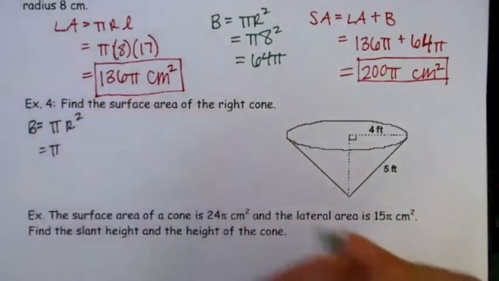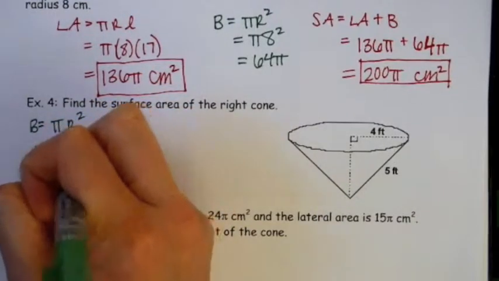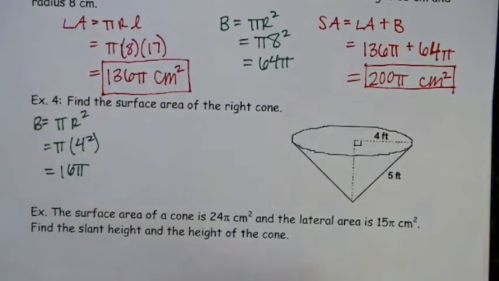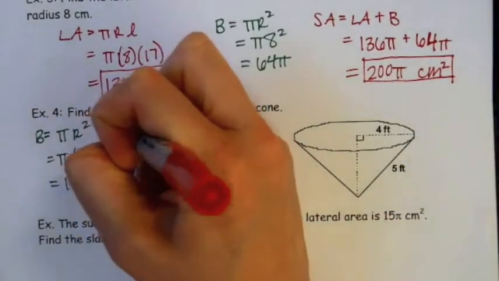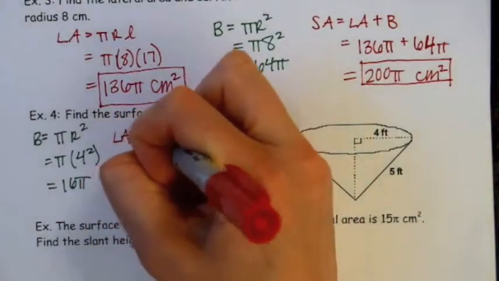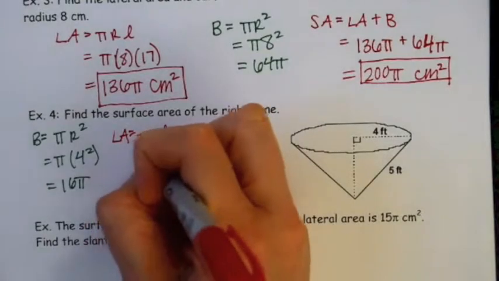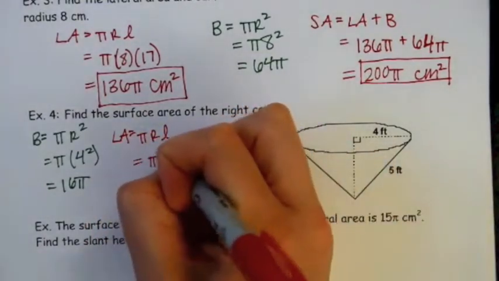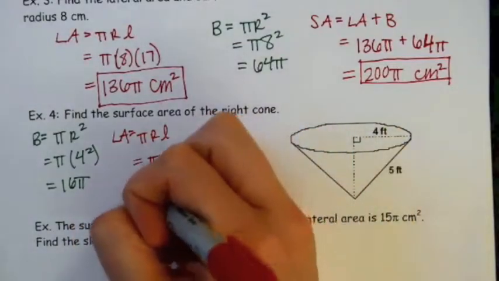That's pi times 4 squared, which is 16 pi. Okay, so now my lateral area is going to be pi times my radius times my slant height. Well, my radius is 4 and my slant height is 5. That will give me 20 pi.